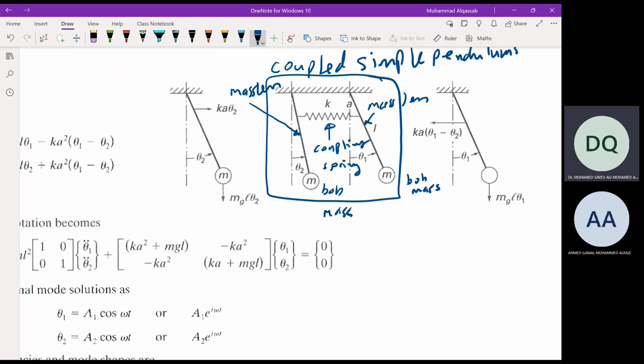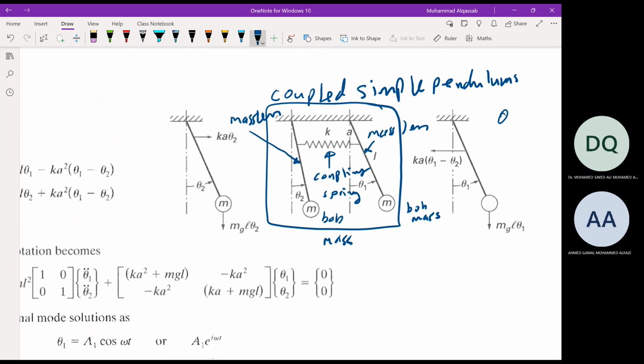Okay, let's take the free body diagram of the pendulum on the right side, which is pendulum number 1, assuming theta 1 greater than theta 2. Then the spring force, and the spring is unstretched when theta 1 and theta 2 are 0.